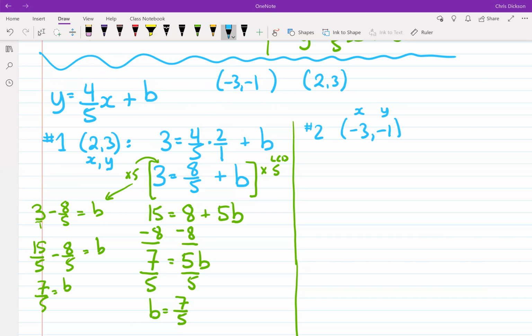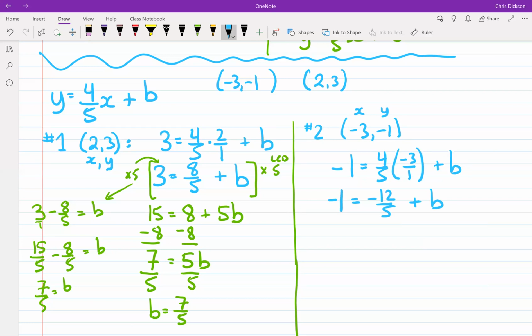So I'm going to get -1 is equal to 4/5 multiplied by -3, which is really -3 over 1, plus the b value. So -1 is equal to -12 over 5 plus the b value.